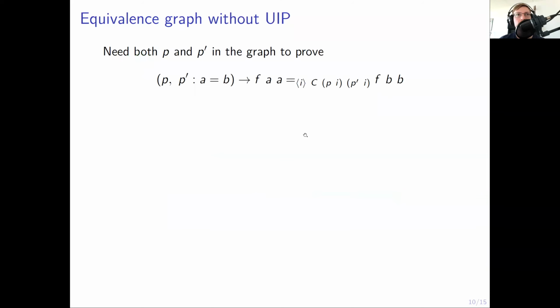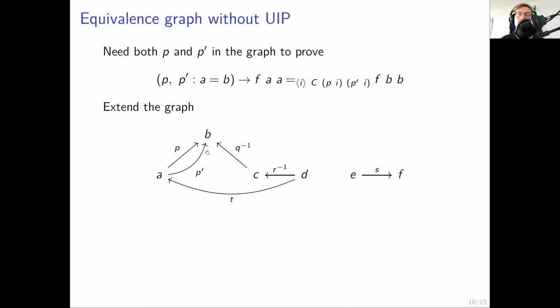But we are without uniqueness of identity proofs, so we might have some problems where we depend on a specific proof being in the equivalence graph. An example of this is here, where the dependent path includes both P and Q in the type path, meaning that we need to have both P and Q part of our equivalence graph.